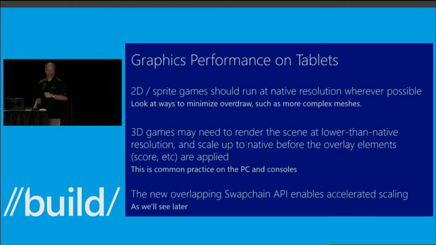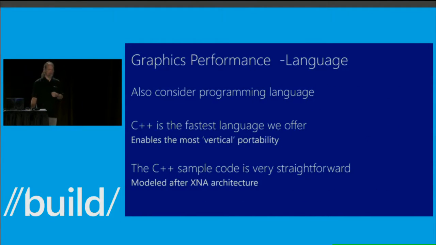Okay, one more recommendation around performance that I'd like to point out is that what we see with application developers taking content from a high-end scenario like a PC game and moving it into these devices is that the ones using the lowest level language have the easiest time with that transition.